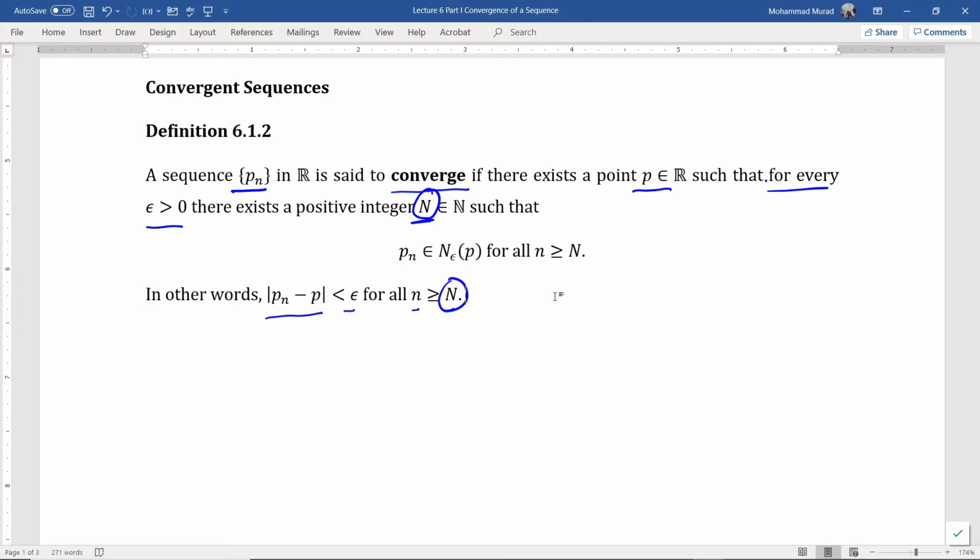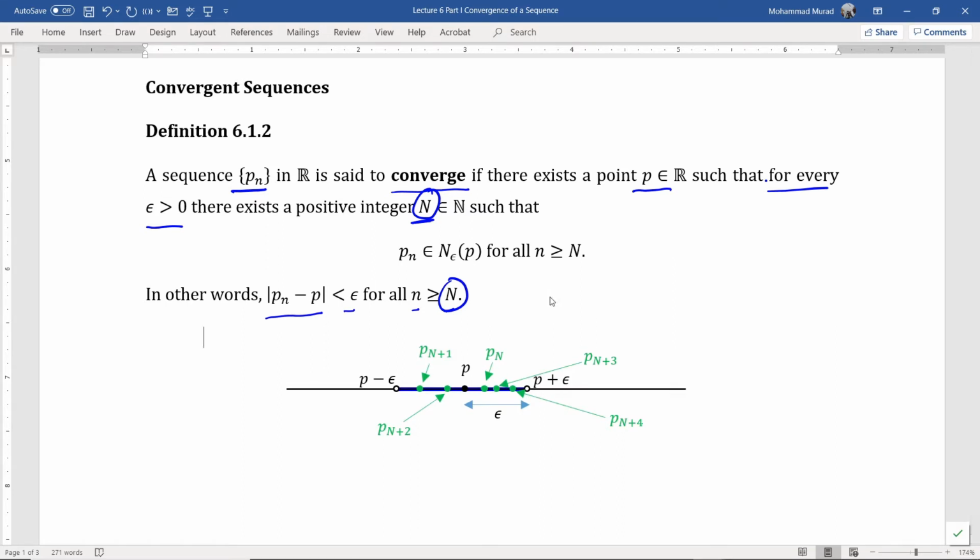Which is shown in the following figure. So this figure shows, suppose we have a point P such that for every epsilon, the neighborhood of P contains all the points or terms of the sequence whose indices are greater or equal to N, as shown in the figure.